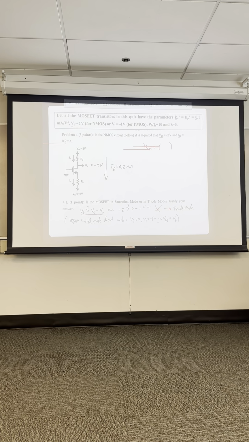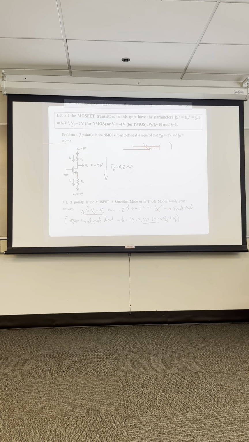And because saturation didn't work, you might say, what about cutoff mode? So the gate voltage is 0, and it says here the source voltage is equal to minus 5 volts. Where do we get this? The source is minus 5 volts from the bias. If it's in cutoff, there's no current, so this is minus 5 volts.